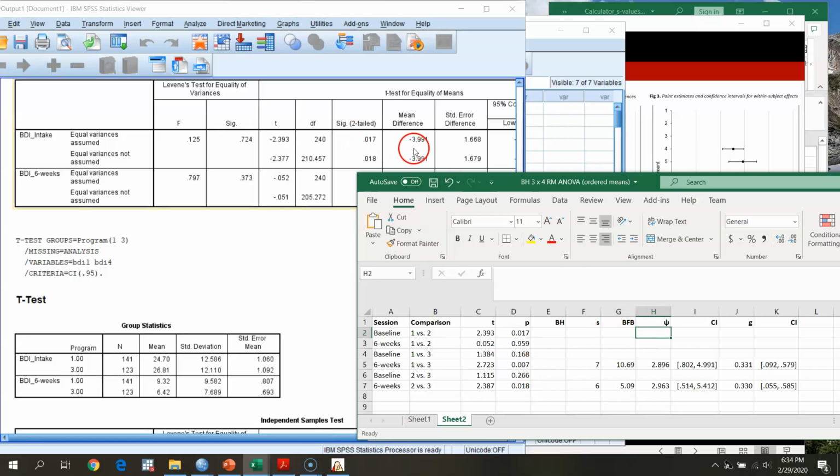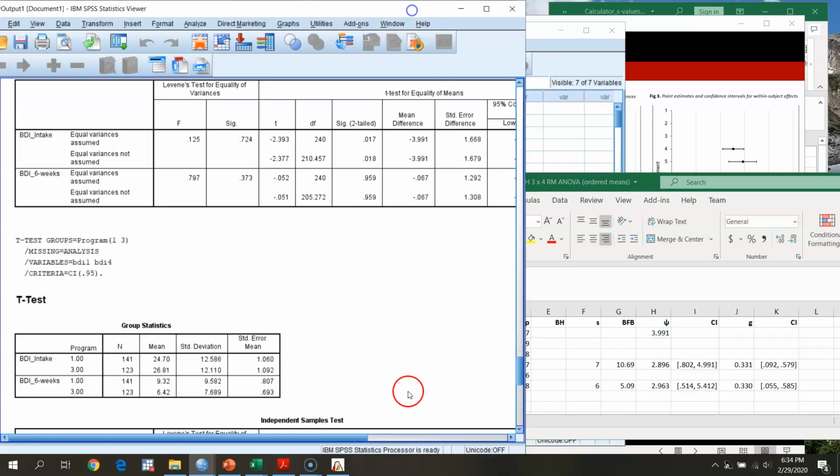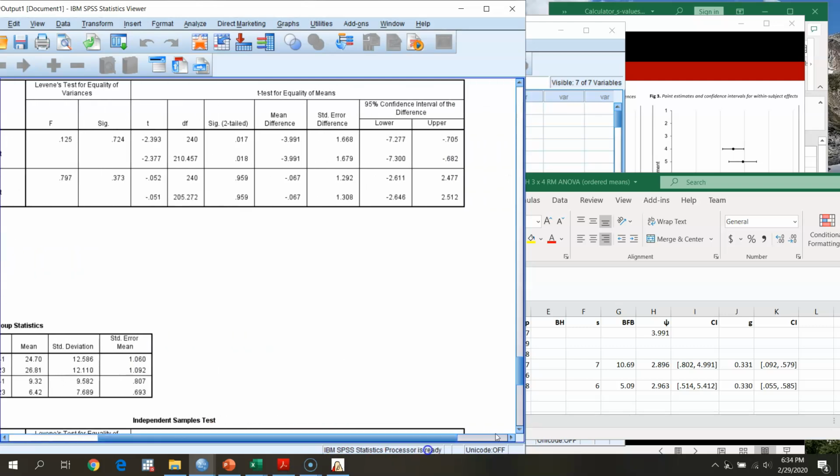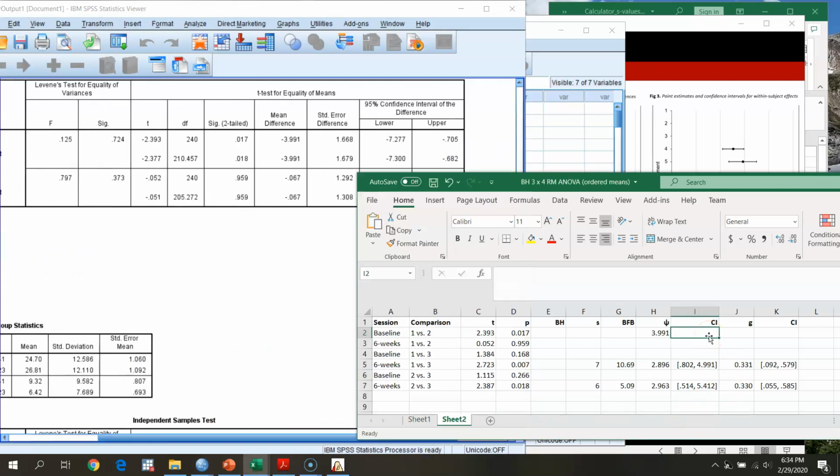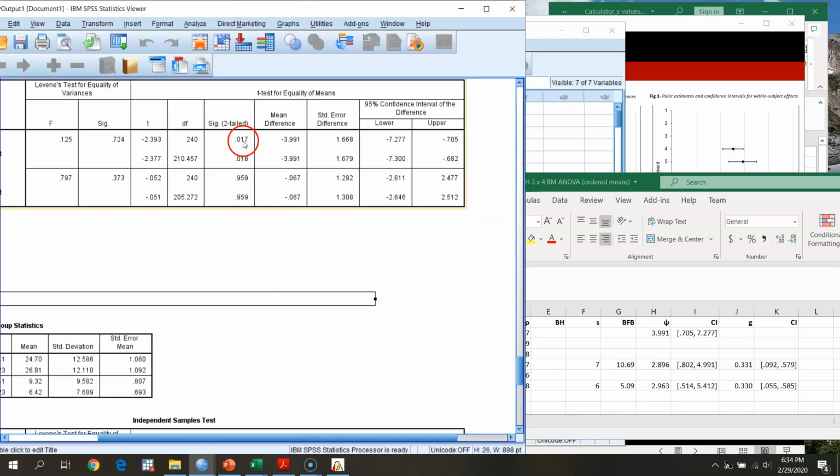So my mean difference is 3.991. My confidence bound for this is going to be 0.705, 7.277. Okay. I'm going to calculate an S-value here.